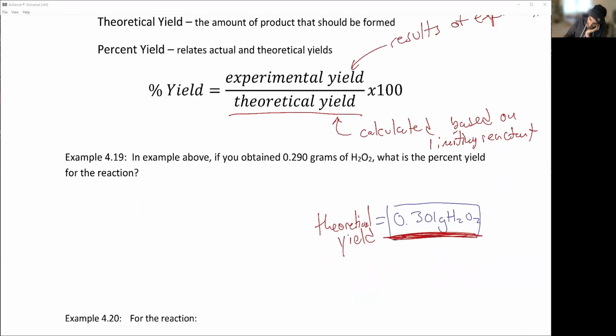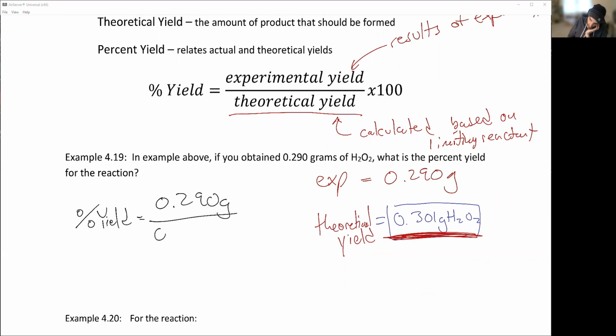So if my experimental yield for this is 0.290 grams, we're just simply going to figure out the percent yield by plugging those values in. So 0.290 grams is my experimental over 0.301 grams of my theoretical times 100.